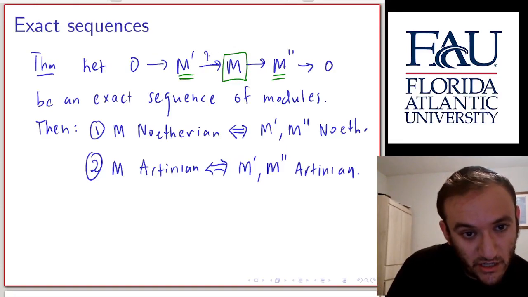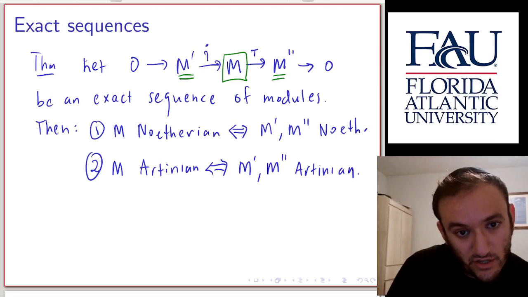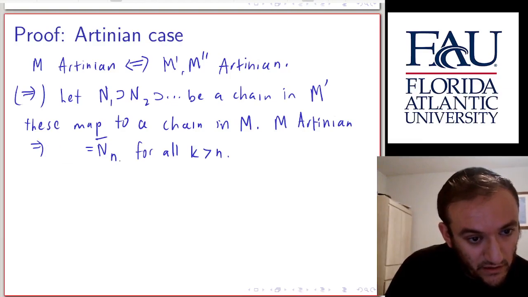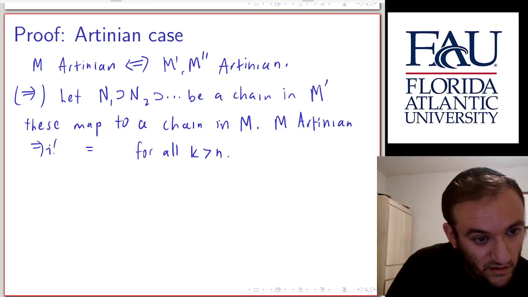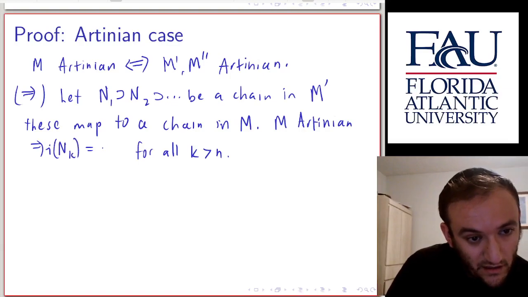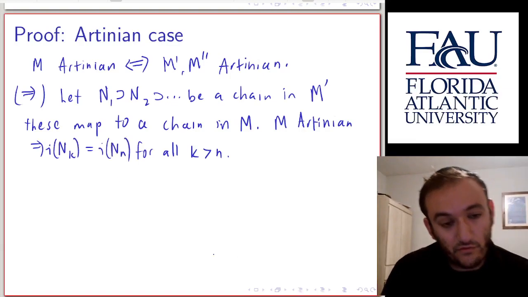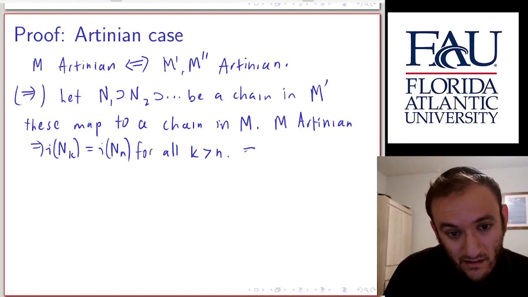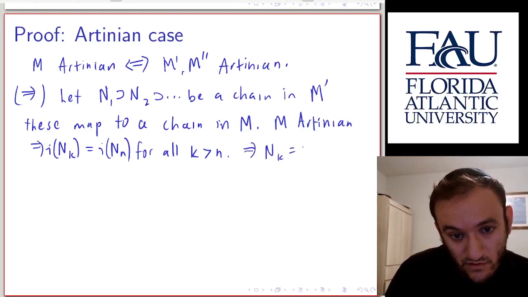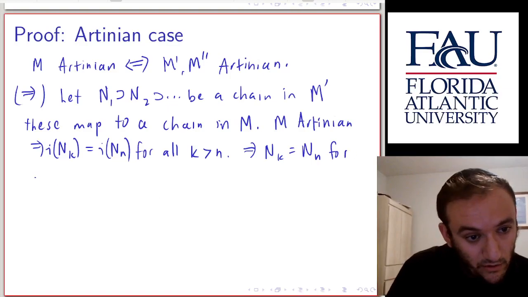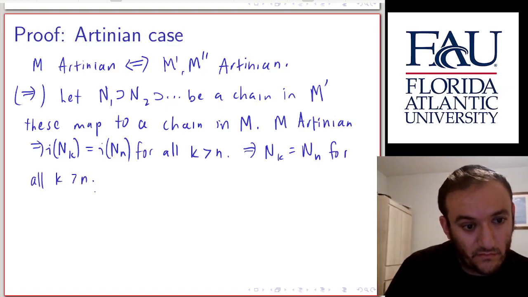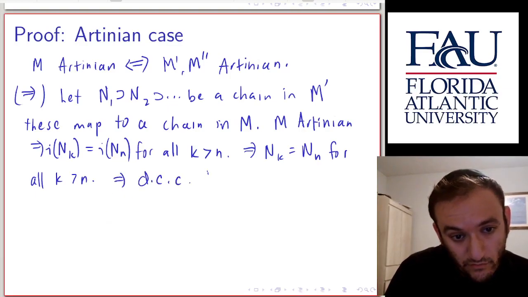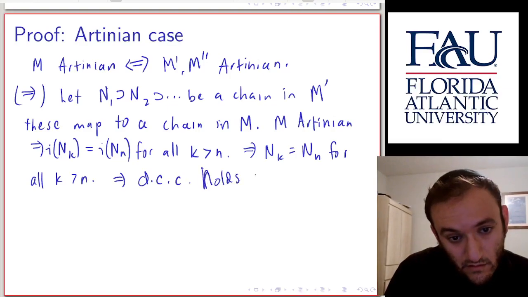This will be the injection I into M, and this will be the projection pi onto M double prime. So I of Nk is equal to I of Nn for all k greater than n, but since I is injective, that means that Nk is equal to Nn for all k greater than n, which means that the descending chain condition holds for M prime.